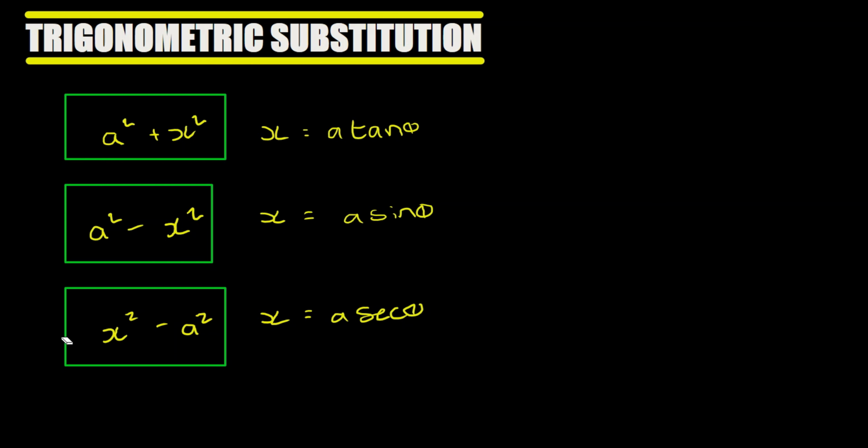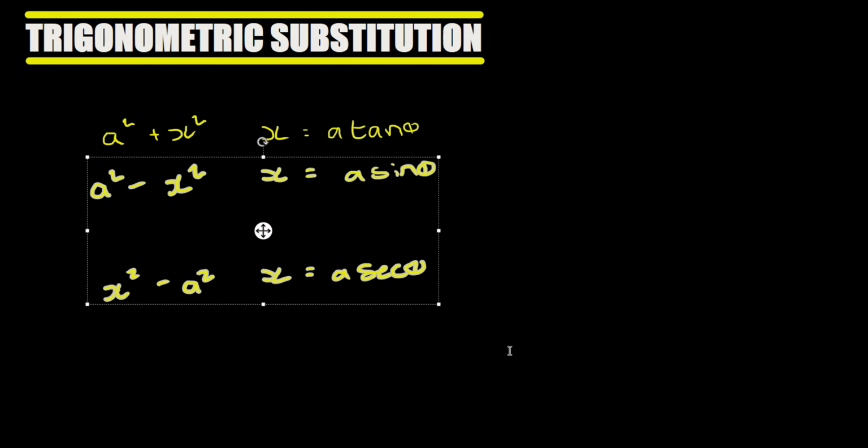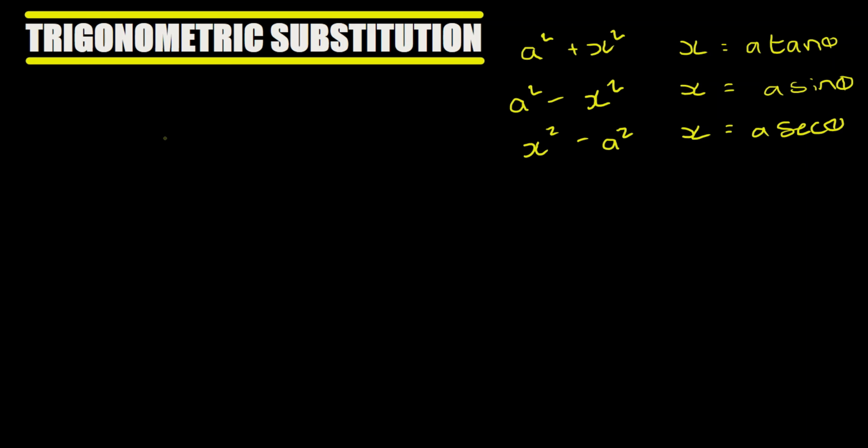Let's try a practical example to understand what we mean by all this. Let's say we have a fraction, and in our denominator we have 4 plus x squared, and we want to find the integral with respect to x. We can then see that our denominator looks very similar to our first equation.